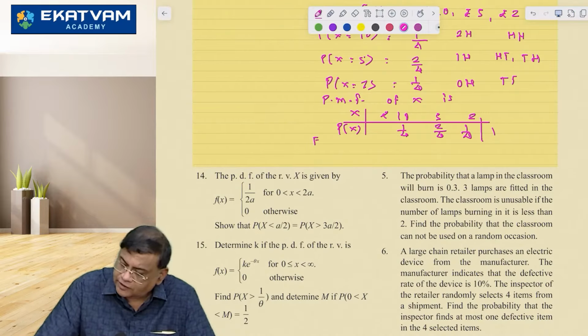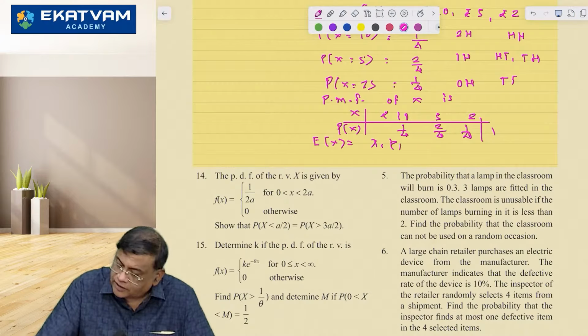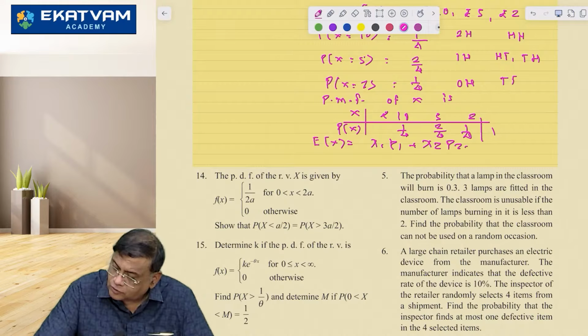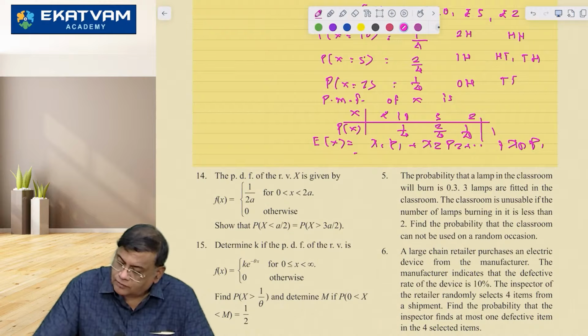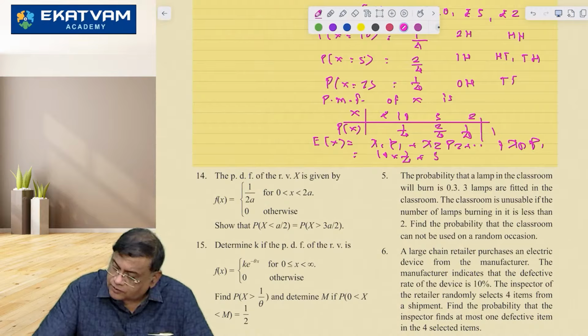And therefore expectation of X is equal to, formula लिखो, x1 into p1 plus x2 into p2 plus up till xn into pn, which will be 10 into 1/4 plus 5 into 2/4 plus 2 into 1/4.